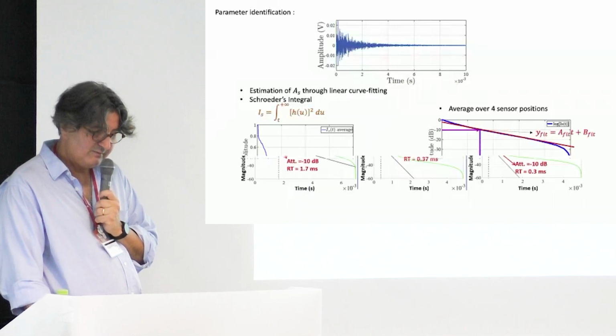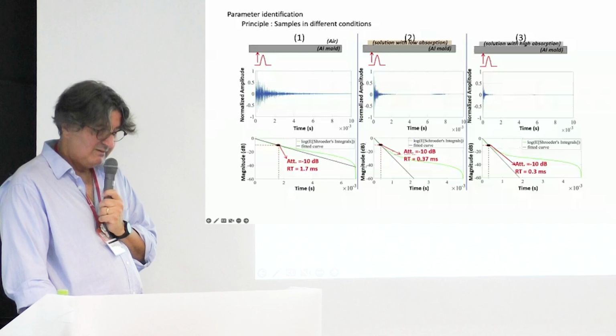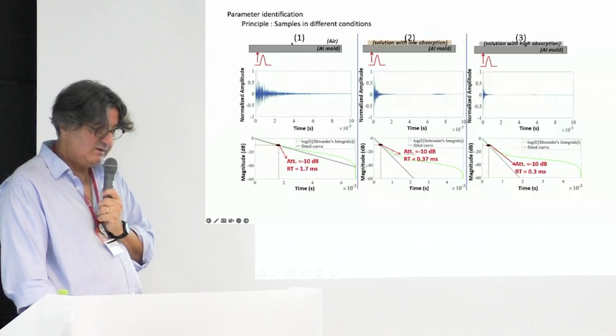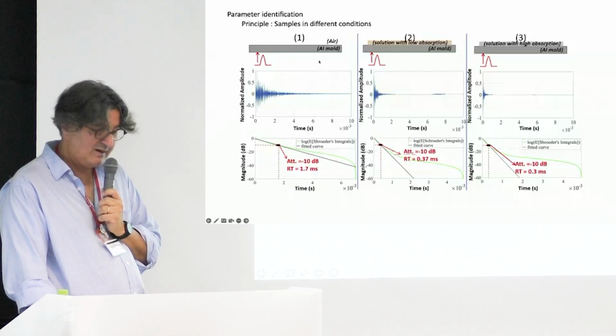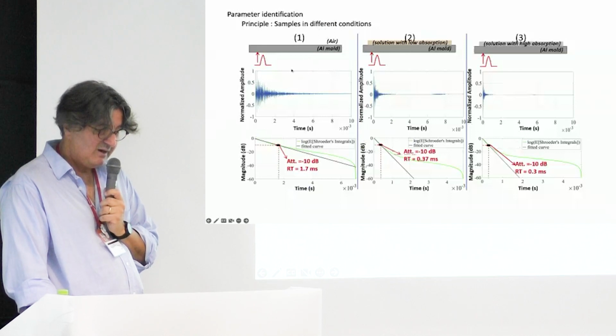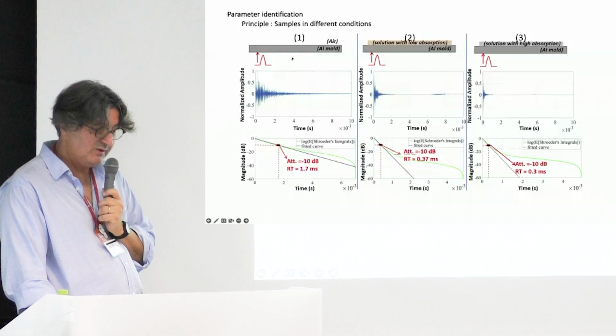Just to illustrate this, and I will be quite fast because time is running. Here you have simply the transducer in contact with the aluminum plate, with one reverberation time.